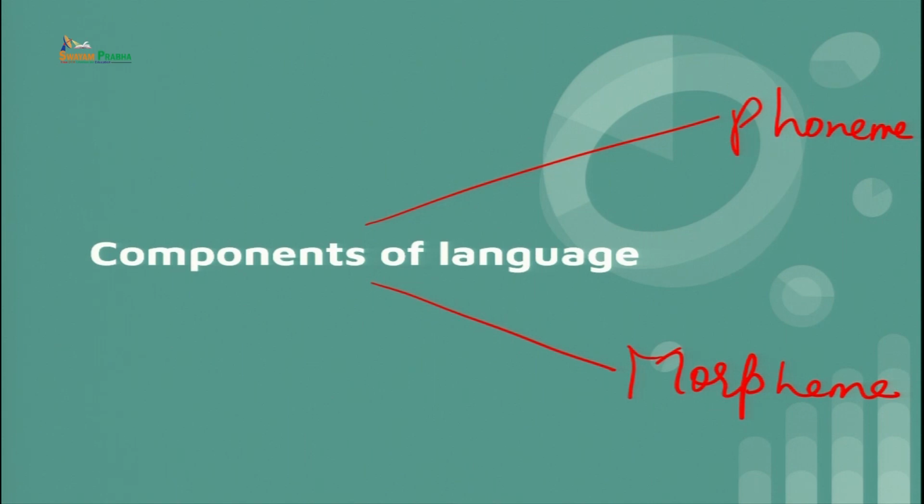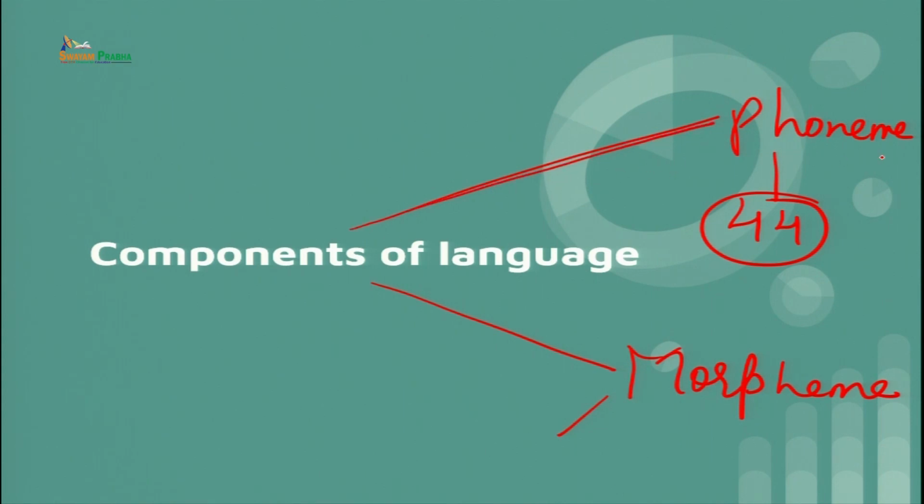Now, as you know, phonemes are 44 in number, right, and morphemes are those units which make a relationship with the context of language, and they are typically composed of several phonemes.